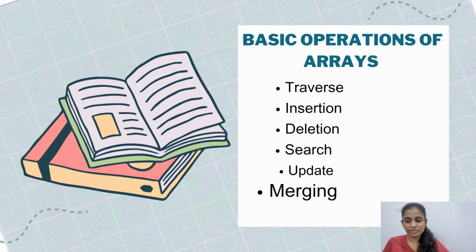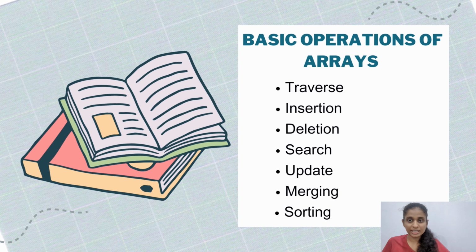Arrays support a variety of basic operations that are essential in data structures. First one is traverse. It means print or visit all the array elements one by one. Second one is insertion. It means adds an element at the given index or position. Third one is deletion.